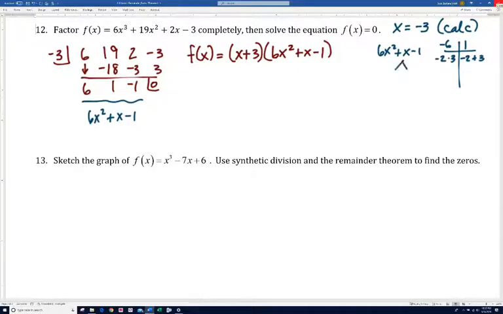So we'll bring down our 6x squared. We'll split our middle term x into -2x plus 3x using the numbers we just found, and we'll bring down our -1, and then we'll factor by grouping. So in the first two terms, we can factor out a 2x. 2x times 3x gives you the 6x squared, and then 2x times a -1 will give you the -2x.